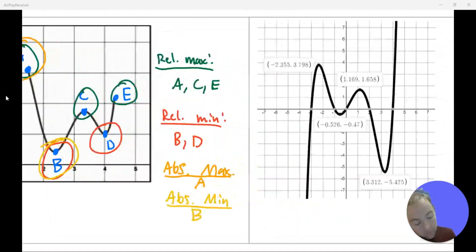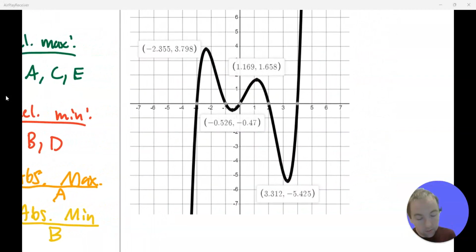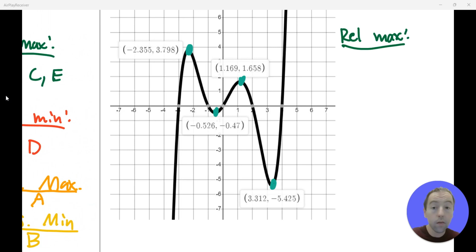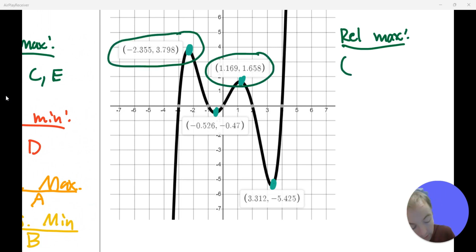Okay? And then just for this example right here, of course it's going to be pretty much very similar, except this time there's actually ordered pairs labeled based on where these high points are and then also where these low points are, okay? So when you label any relative maximum points, you can just give the coordinates of the points. So this point right here and then this point right here would be relative maximum. So you can label negative 2.355, 3.798 is one of the maximum points.